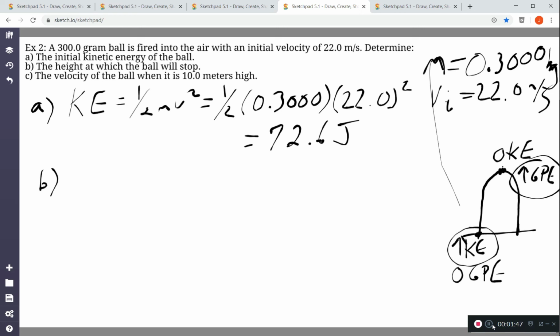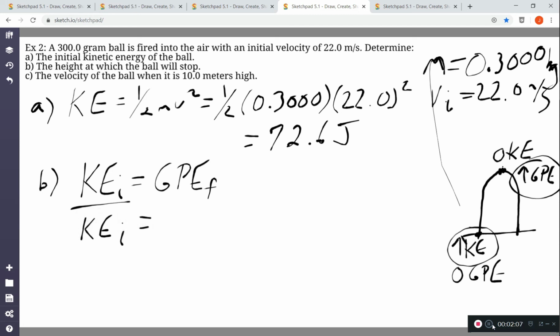So using a similar setup as before, our kinetic energy initial is going to be equal to our gravitational potential energy final. So we've already worked out our kinetic energy initial. Let's plug in the information we know for our gravitational potential. So we have KEi, which is 72.6, equal to gravitational potential, which is mgh, m being 0.3000 times the gravitational constant times the height, which is what we're looking for.